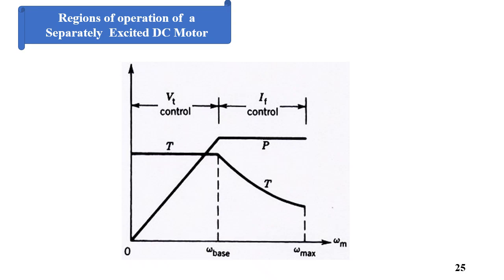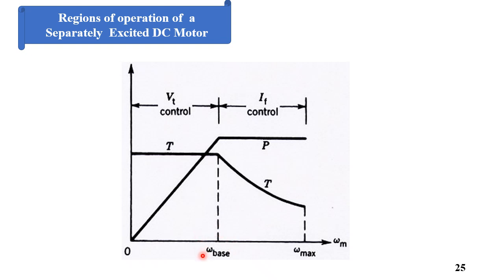Here we can see the two regions of speed control. The voltage control, where the torque is kept constant and the power is increasing by increasing the voltage and increase of omega until the base speed or the rated speed.